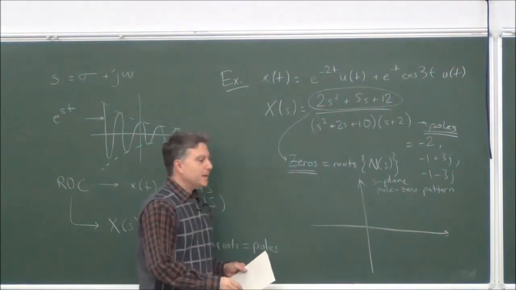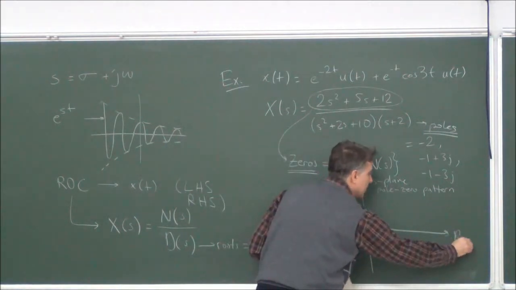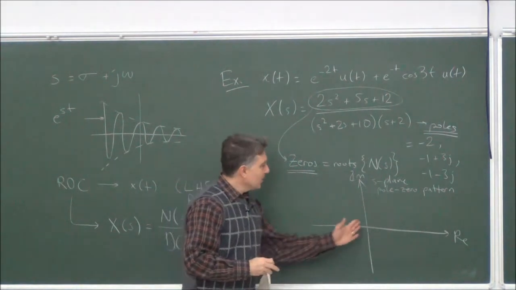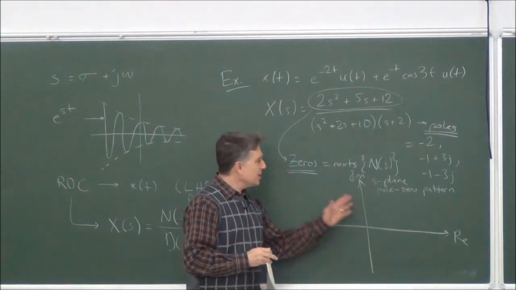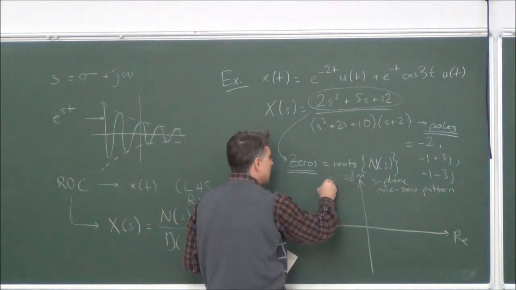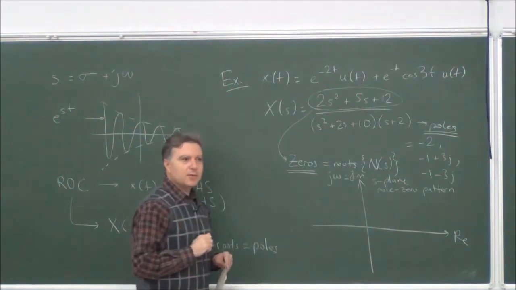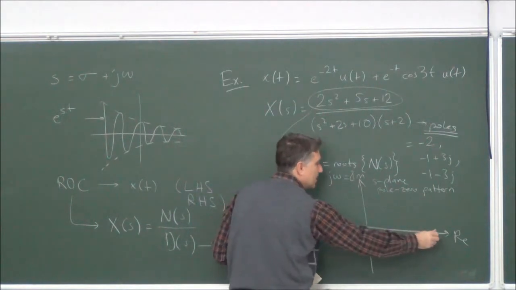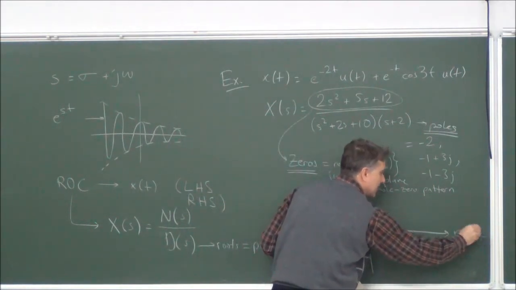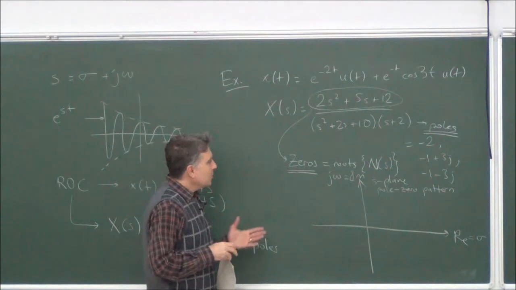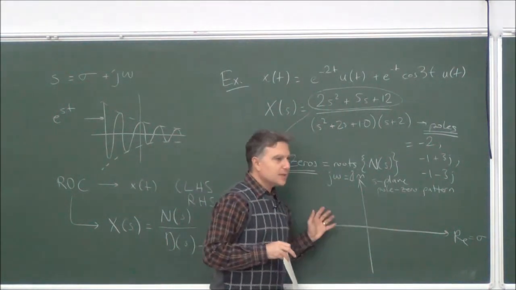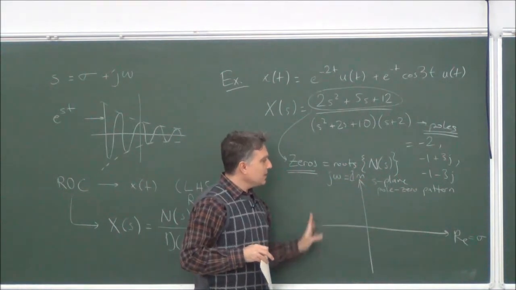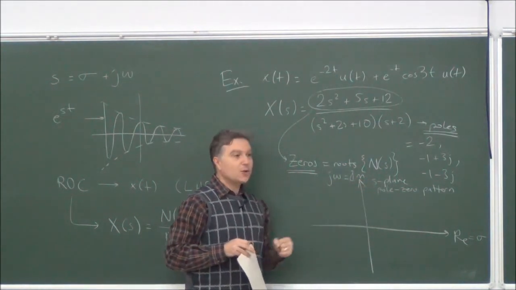Because on the S-plane with a real axis and an imaginary axis, by the way, this imaginary axis corresponds to the real part being equal to 0, so it is also known as the j omega axis. So I'm giving you alternative names to this one. This is also known as the sigma axis, another alternative name. So you can say j omega and sigma axis, or real and imaginary axis. You can call it the S-plane, or you can give the diagram the name of pole zero pattern.